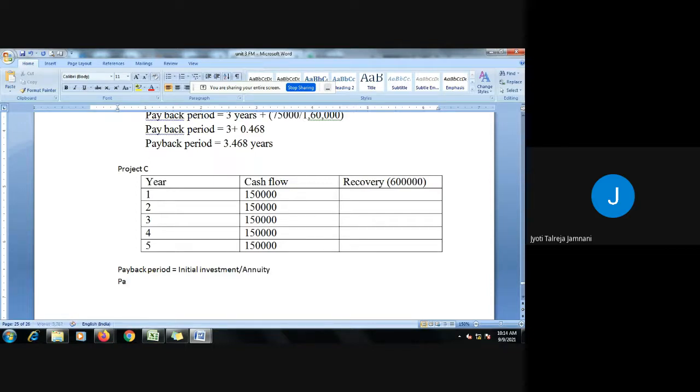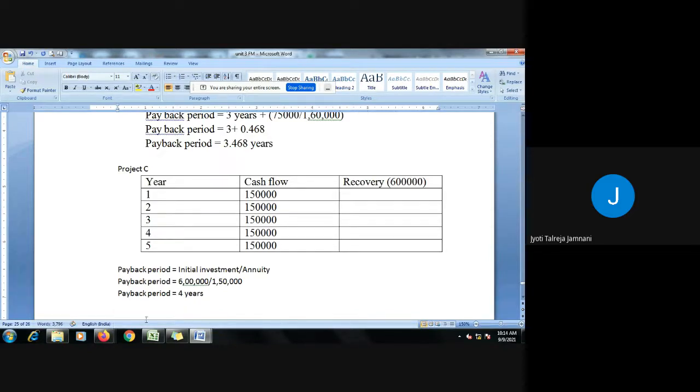So payback period is equal to initial investment, which is 6 lakh, divided by 1 lakh 50,000. Payback period is equal to 6 lakh divided by 1 lakh 50, which is 4 years.